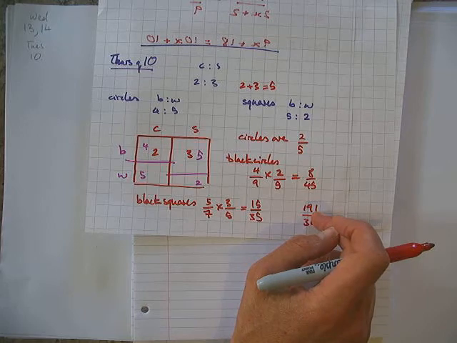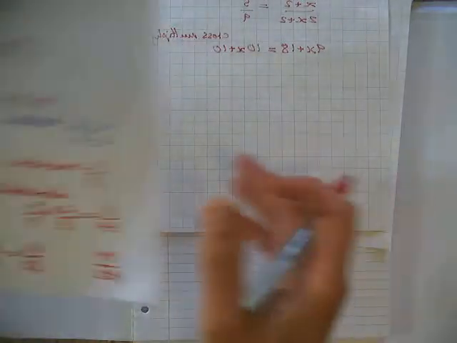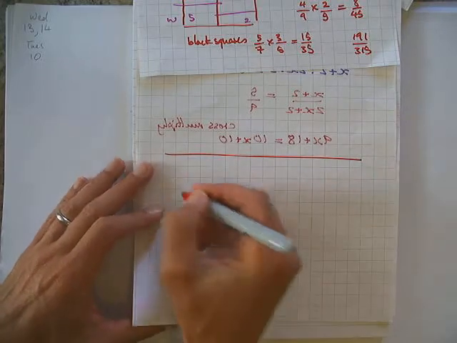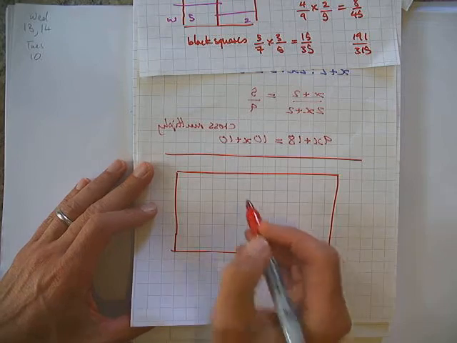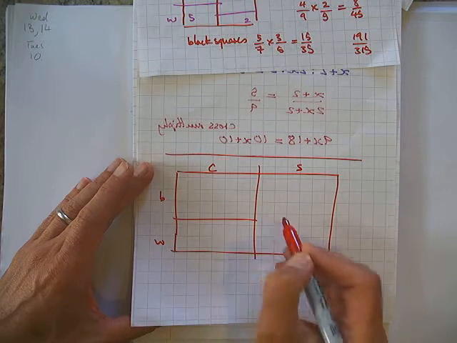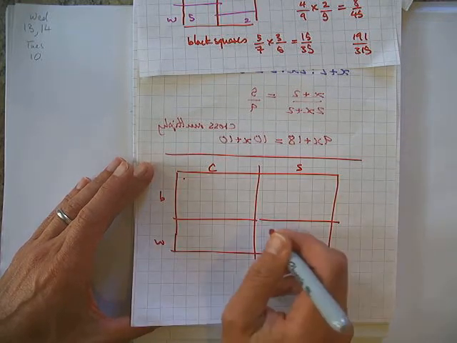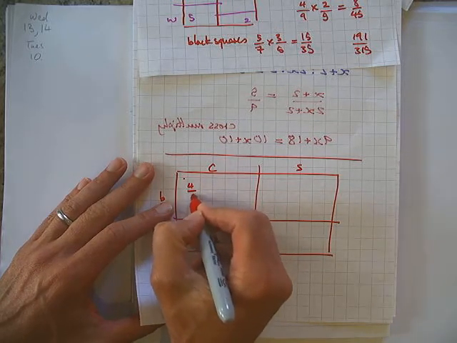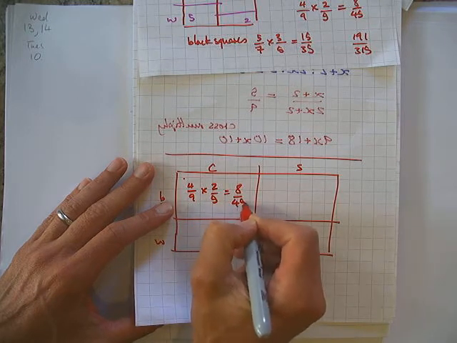Right, the second part of the question, black circles to white squares. I think what I'm going to do here, to keep track of what I'm doing, is use this two-way table: circles, squares, black, white. So I want black circles and I want white squares. Black circles are 4/9 times 2/5, 8/45.